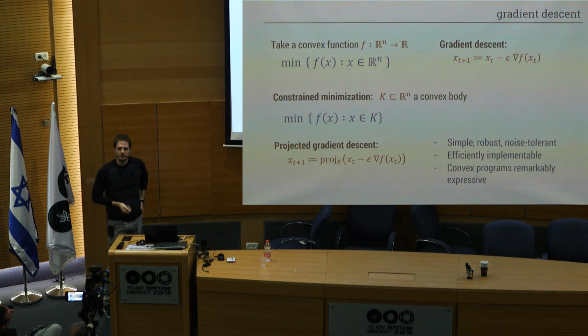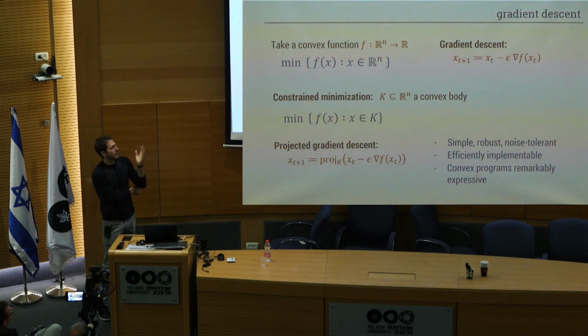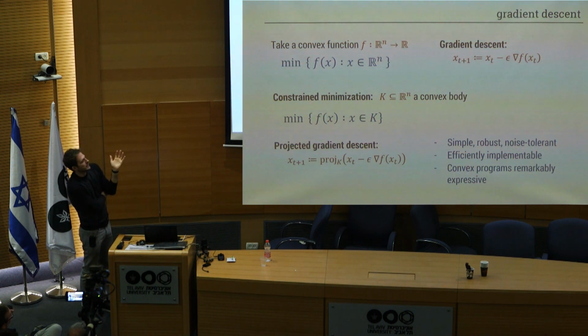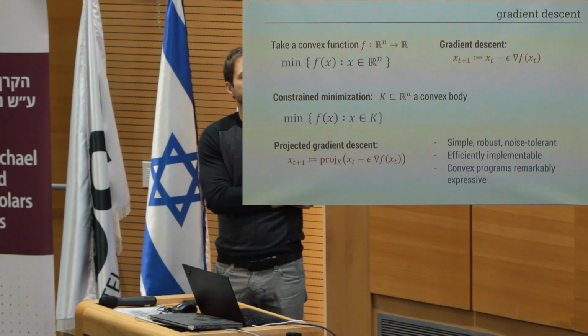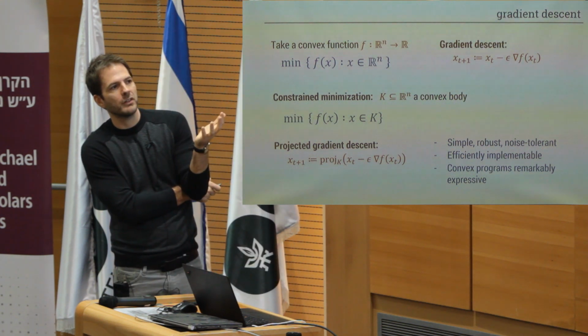And one of the contributions of computer science to the world is that convex programs, convex bodies, even simple ones, linear programs, say polytopes, are remarkably expressive, and you can write down lots of fascinating and interesting constraints as convex programs.